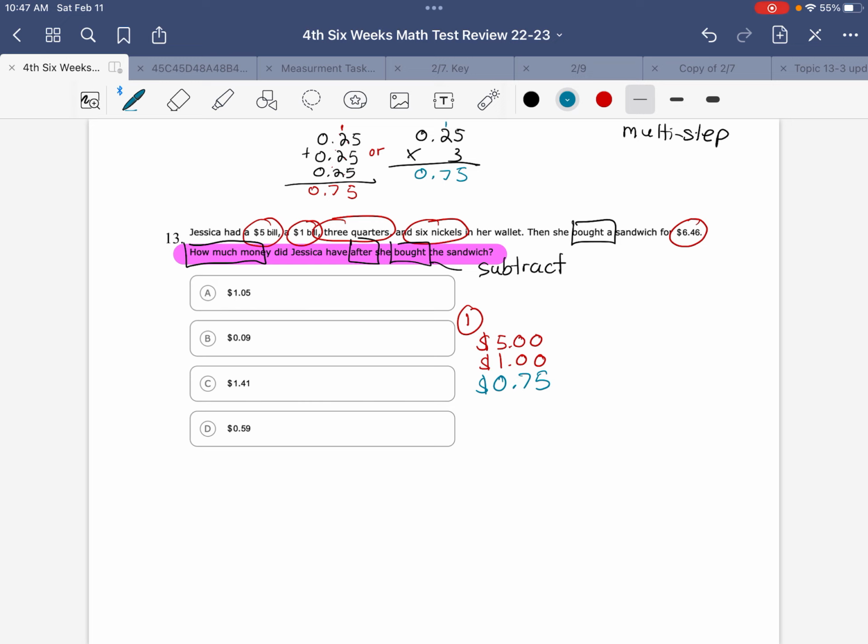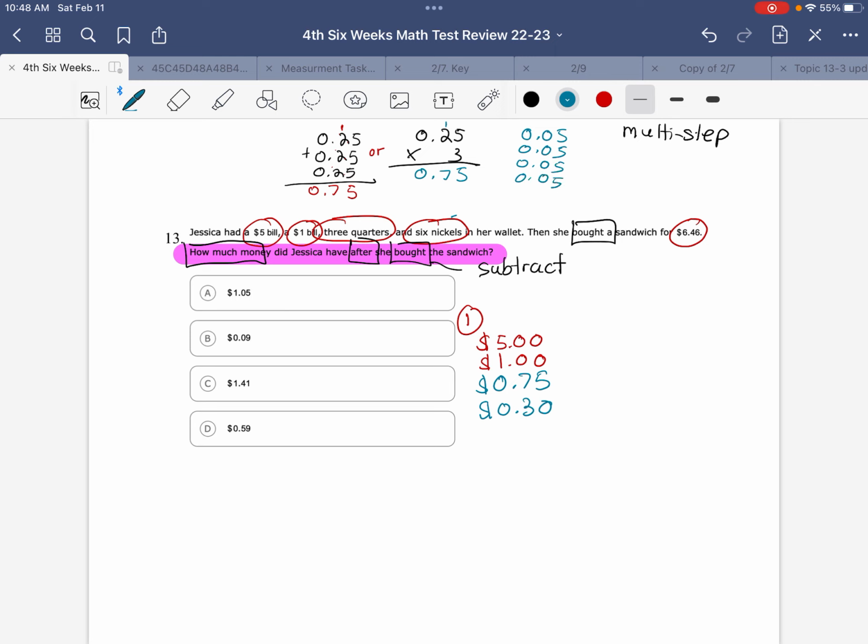And then I have 6 nickels. A nickel is worth 5 cents. So if you have 6 of them, you just count by fives. 5, 10, 15, 20, 25, 30. You get 0.30. If you can't do it like that, then just do what we just did. You get 0.05 and you add it 6 times.